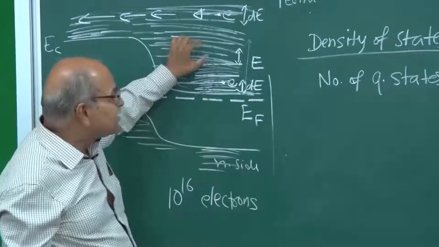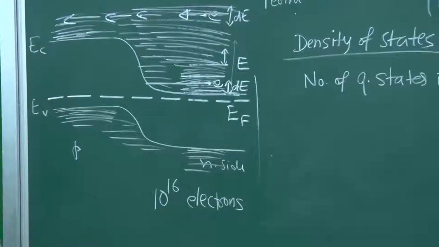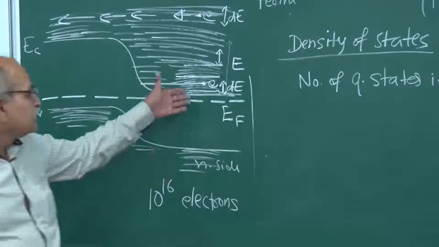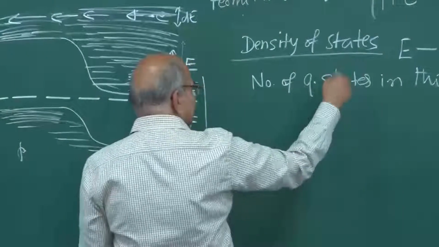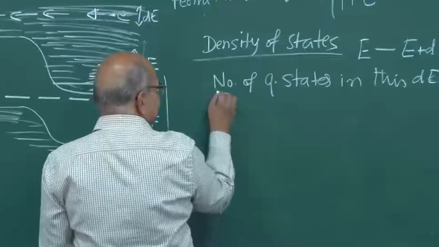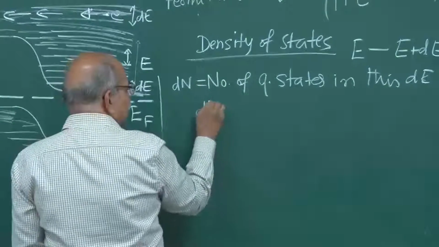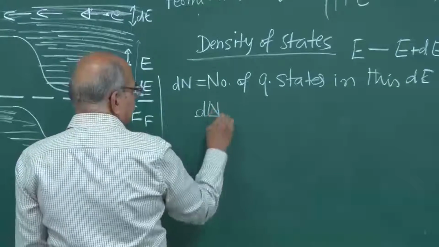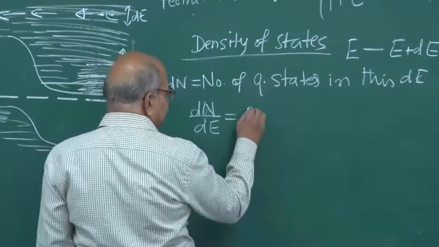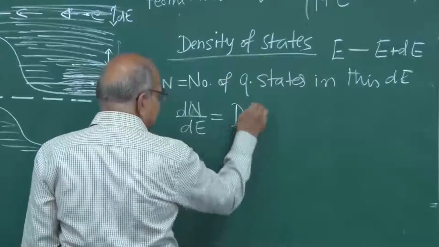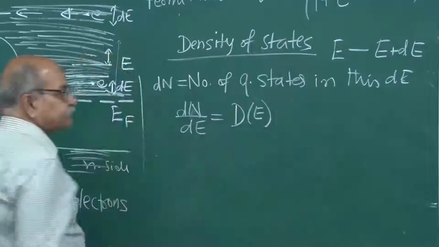It turns out that if you make a calculation, this number divided by dE will be the density of states. If this number is dN, then dN over dE is known as the density of states, which you can write as capital D(E). This is called density of states.